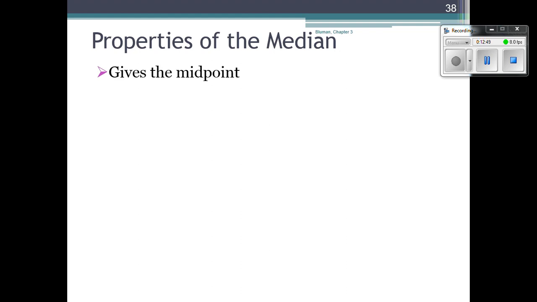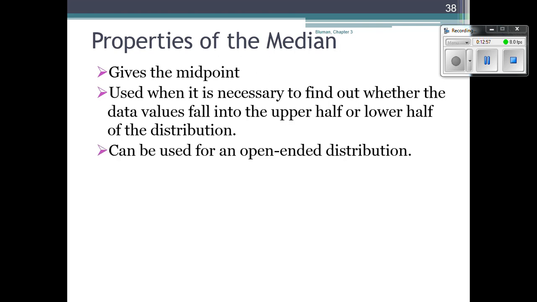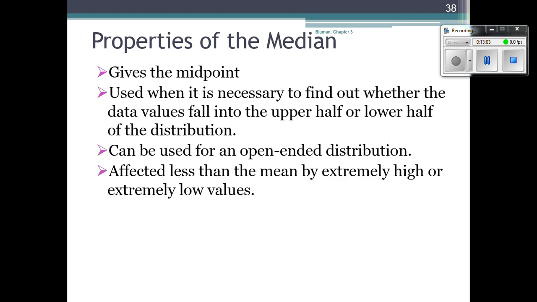With the median, this gives you the midpoint. This is nice when you want to find out if you fall in the upper half or lower half. It can also be used for open-ended distributions, which is a nice thing. It is affected a little bit less by those outliers, just because of the way it's calculated.